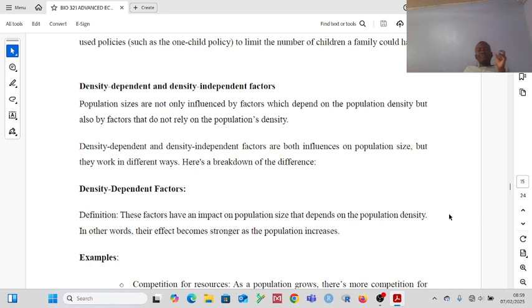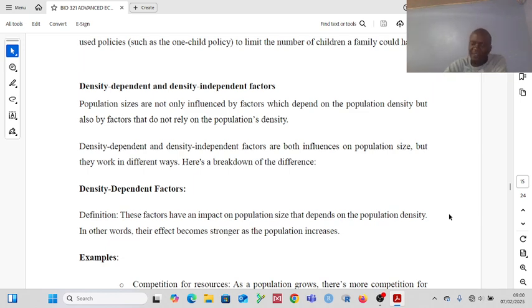So there will be a size of a particular population which is influenced by a factor that depends on the number of organisms present in that area. That is density dependent. But also, there are some factors which will not rely on the density, but will still affect the growth. Okay? So both density dependent and density independent factors will influence population size, but they work differently.